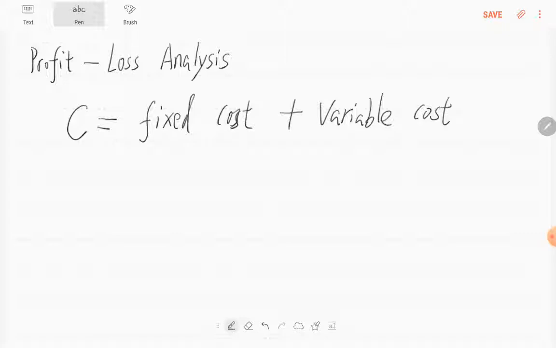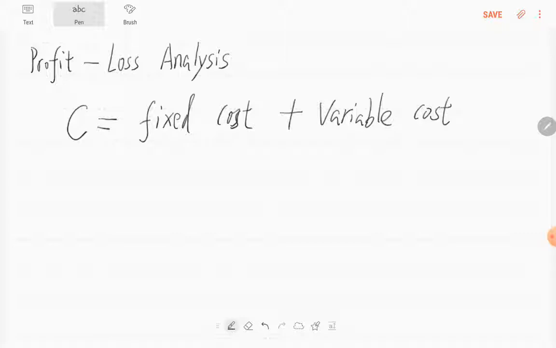The fixed cost is like the product design or renting some devices or labor fees. This is called a fixed cost. A variable cost depends on the number of the items produced.